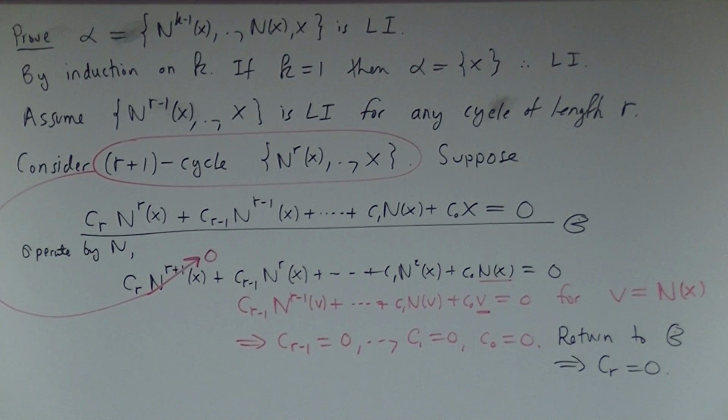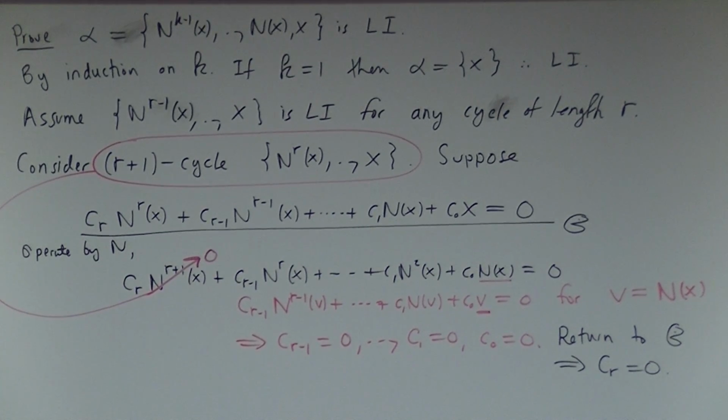For here, a k cycle means that n to the k acting on x is 0, by assumption. It also corresponds to the length of the cycle, which is the number of vectors in alpha, which, by the way, means that alpha is a basis for Cx.